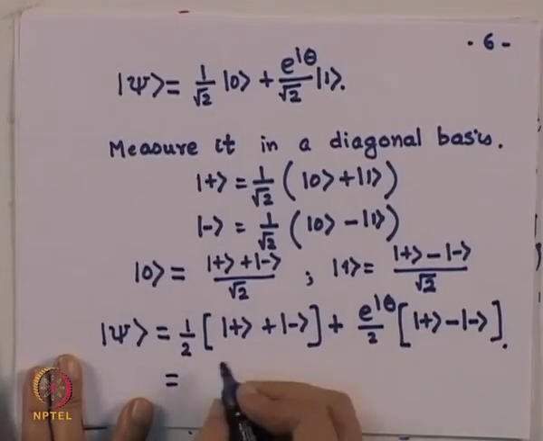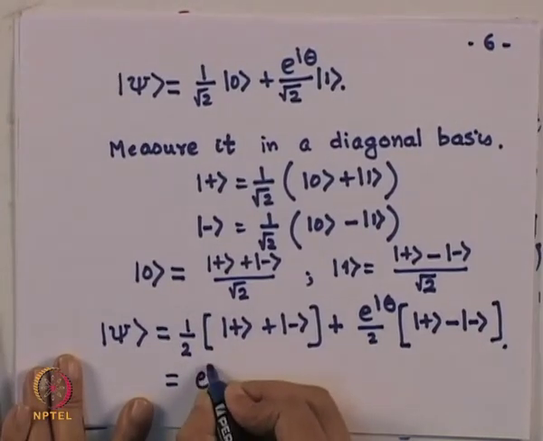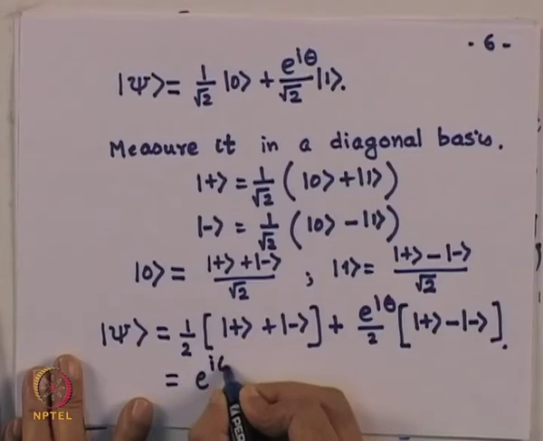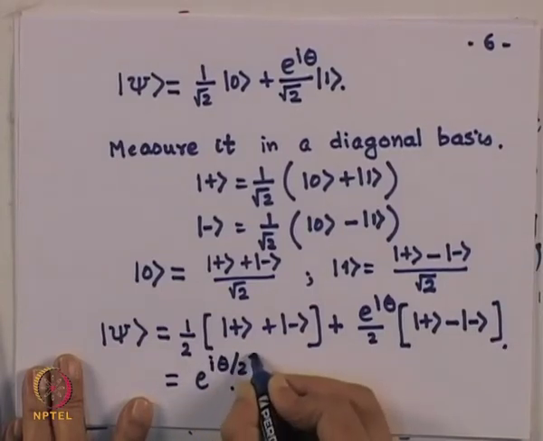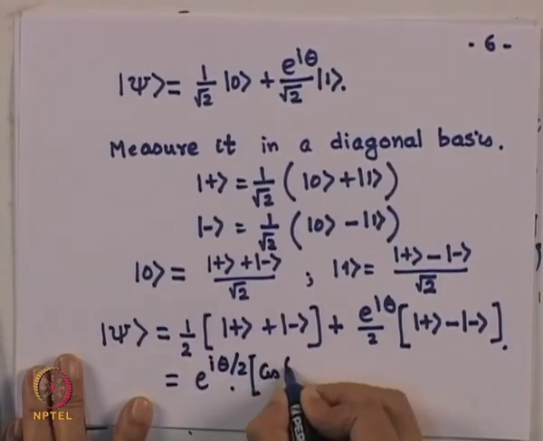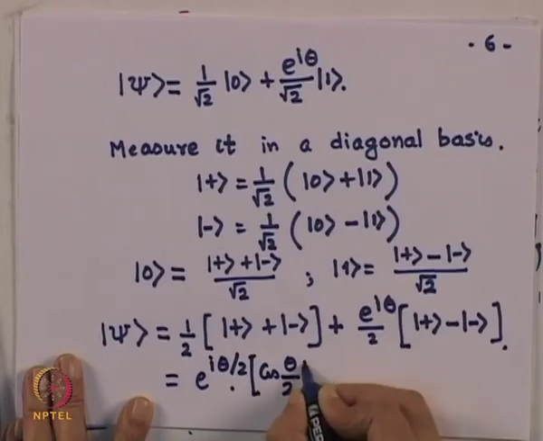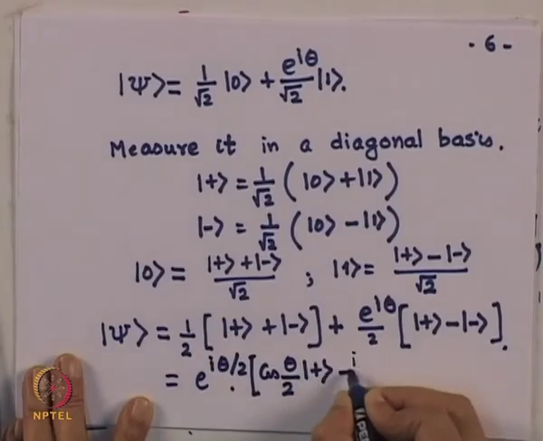So, let us look at this. Let me write it down and then it becomes clear. This is fairly straightforward algebra, but let me write it down.